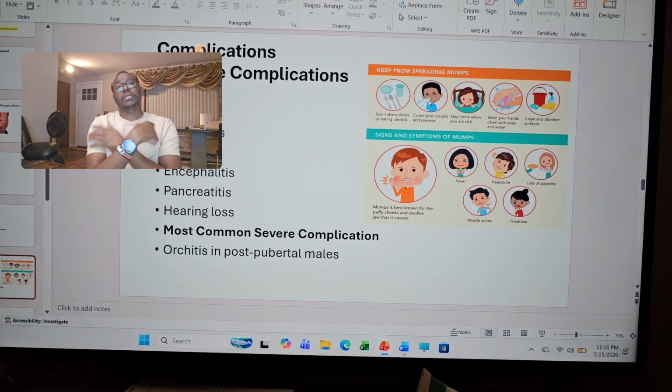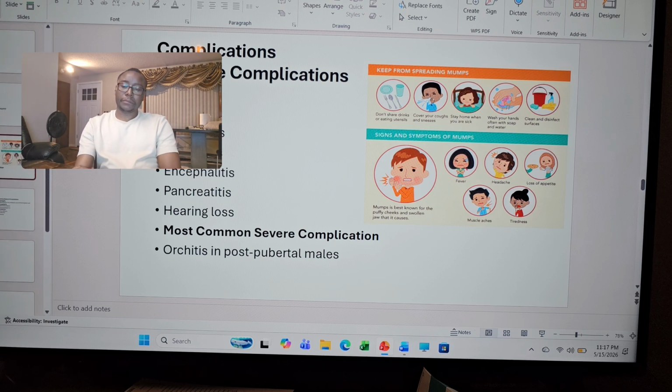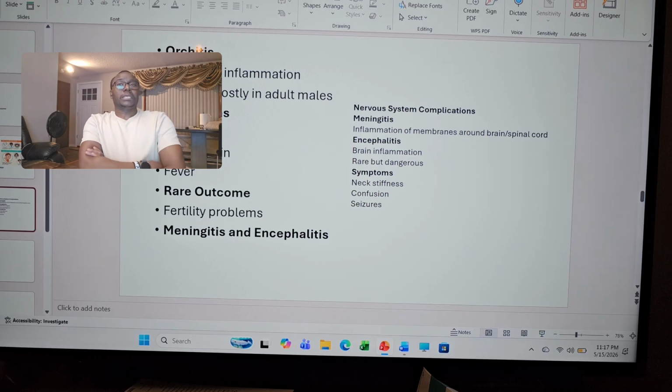Possible complications. This may include osteoarthritis, meningitis, encephalitis, pancreatitis, hearing loss. The most common severe complication in pubertal males is testicular inflammation, which occurs mostly in adult males.